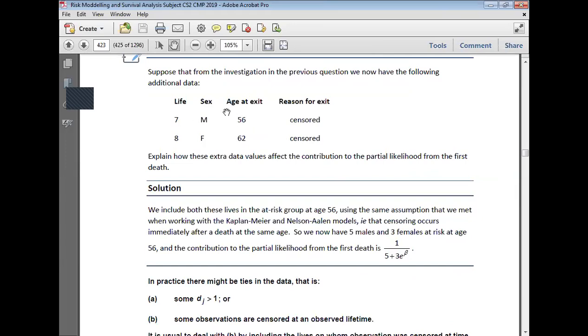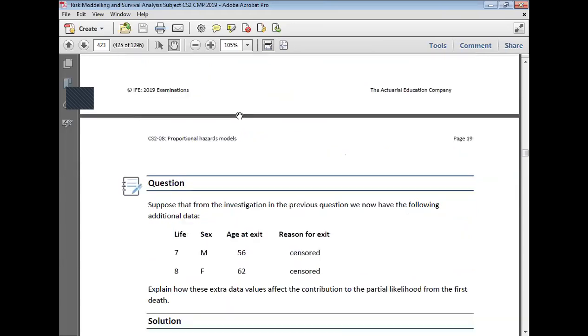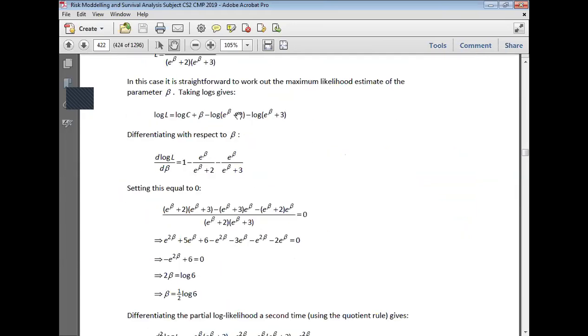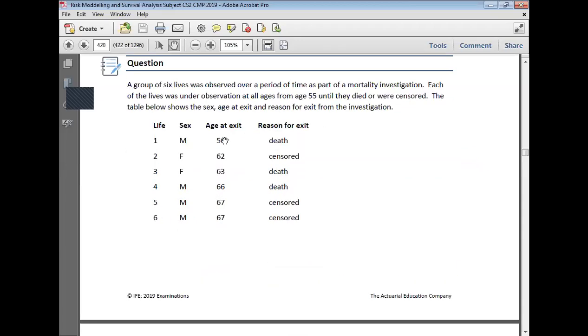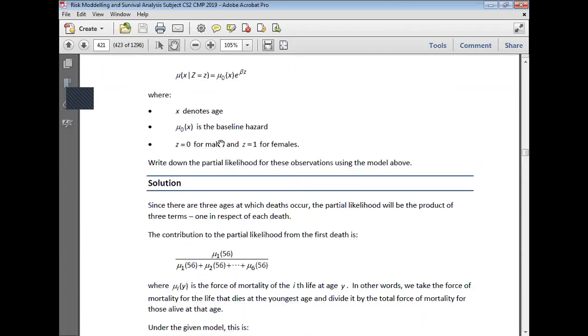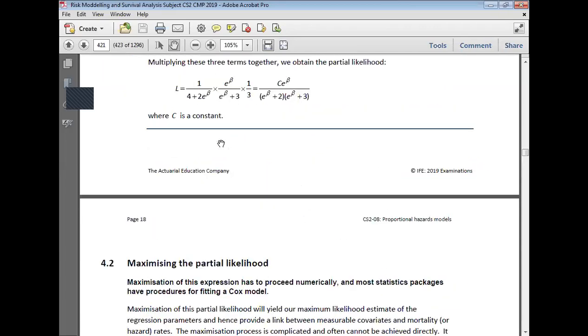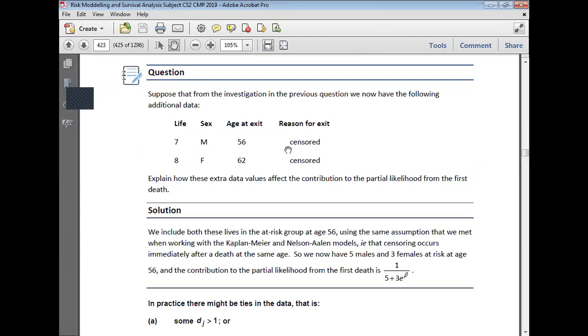So at the age of 56, we do not only observe death. The very first death that we observed was of a male aged 56, but here another male aged 56 gets censored.